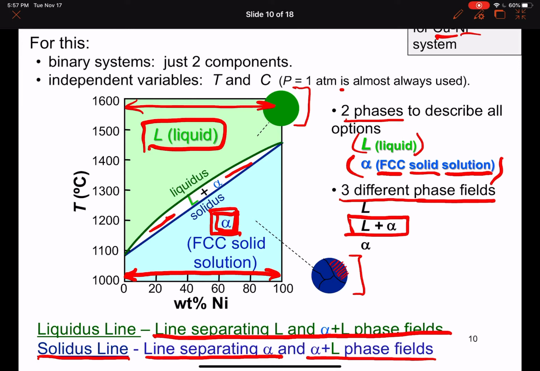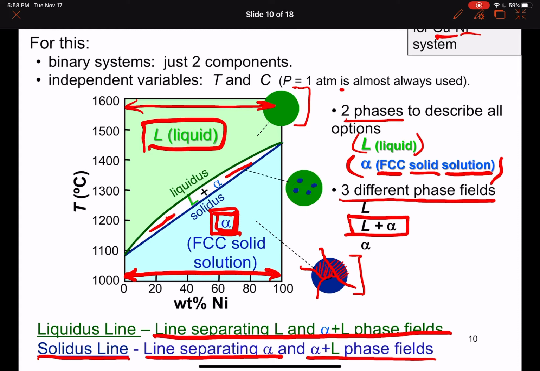In this case, they're face-centered cubic, and these rows and perfect arrangements of atoms would be separated from a different orientation of that same lattice by a grain boundary that separates the two different orientations of the same FCC lattice. Okay, so that's what we see in the diagram. Some grain boundaries separating grains of an FCC lattice where the metal atoms are populated by nickel and copper dependent on the composition.